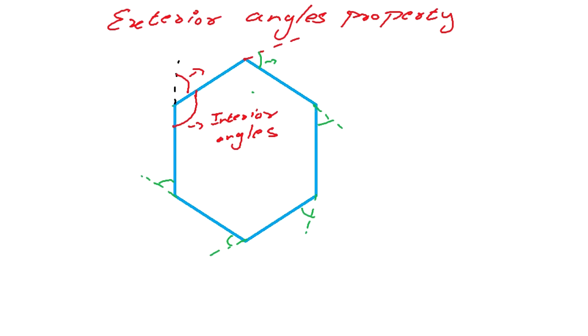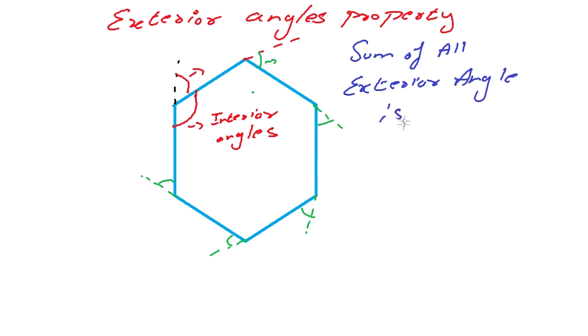That is the property of exterior angles: the sum of all exterior angles is equal to 360 degrees. So this is what the exterior angle property means. After measuring all the exterior angles, when you add them, it will be equal to 360 degrees.